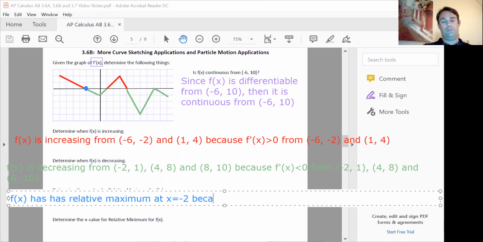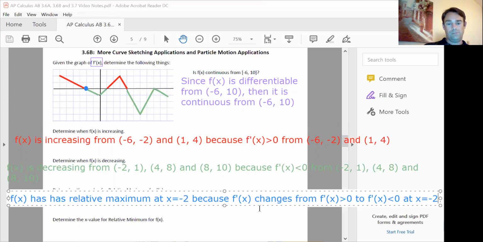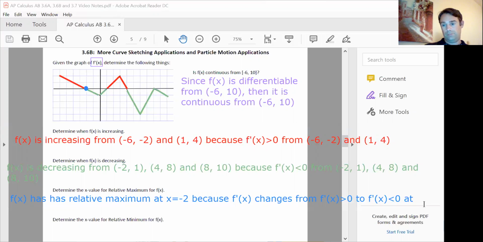Because f prime of x changes from f prime of x greater than 0 to f prime of x less than 0 at x equals -2. Apparently, that is too big a line. So there we go.